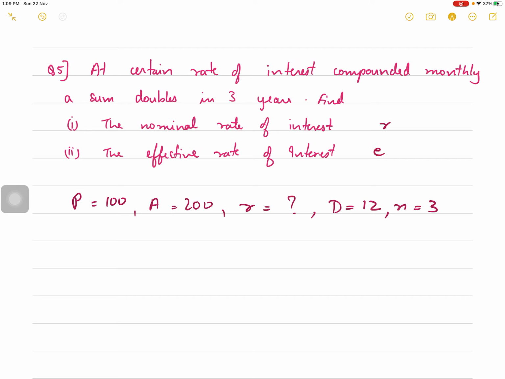And effective rate of interest means you are supposed to find E. Nominal rate of interest means the normal rate of interest, which is R. Okay. If interest is compounded annually, what is the rate of interest?